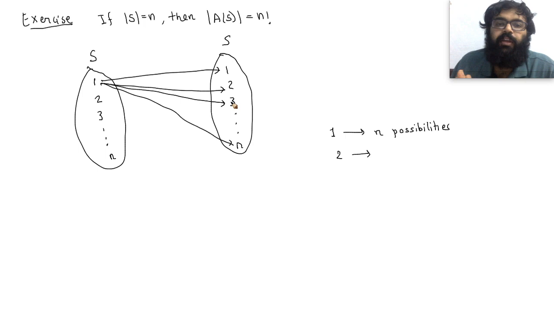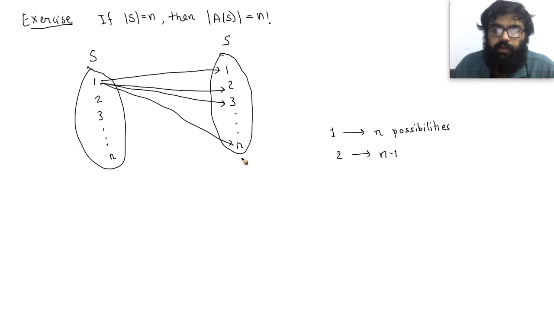The image of 1 cannot be the same as the image of 2. So the possibilities for the image of 2 are n minus 1. I hope this is clear. For 1, there are n possibilities; any function can map 1 to any of these n numbers. But for the same function, 2 cannot be mapped to all of them. It can be mapped to only n minus 1, except the same integer where 1 is mapped, because it is a one-one function. Otherwise, it will be many-one.